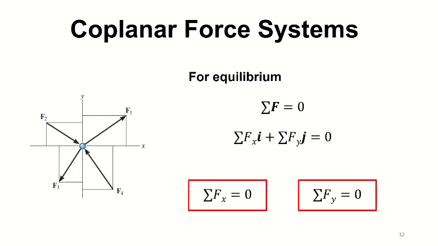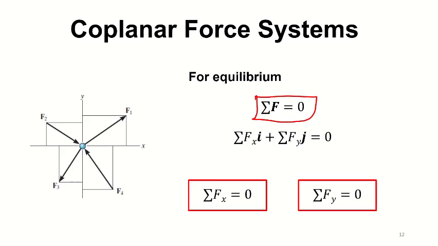If we have a particle and all the forces on that particle are coplanar, then for the particle to be in equilibrium, the resultant force should be equal to 0. How can we derive the resultant force? We take the vector summation of all the forces.